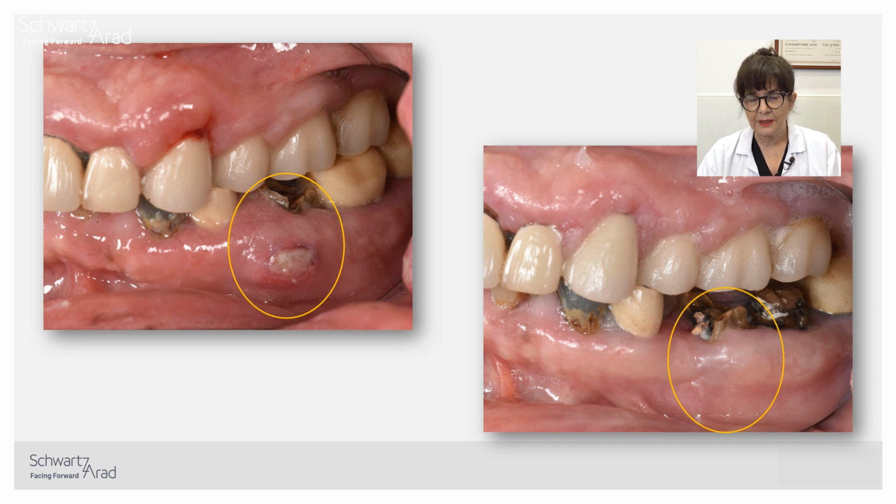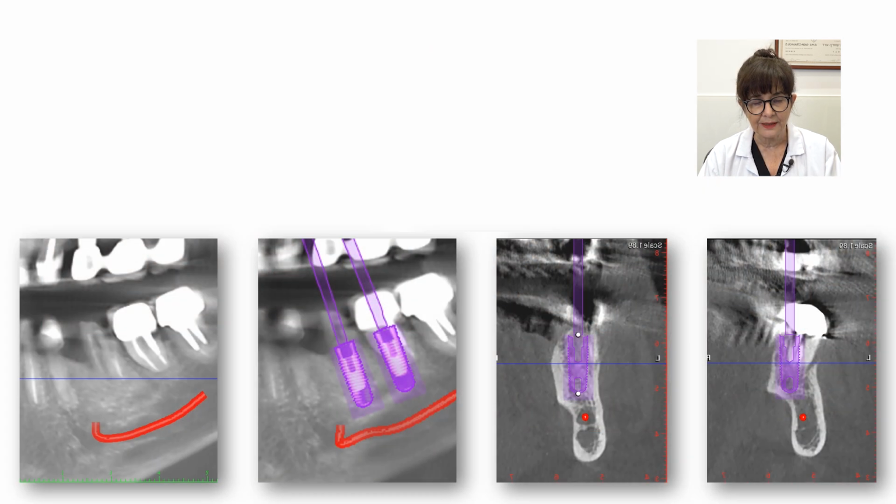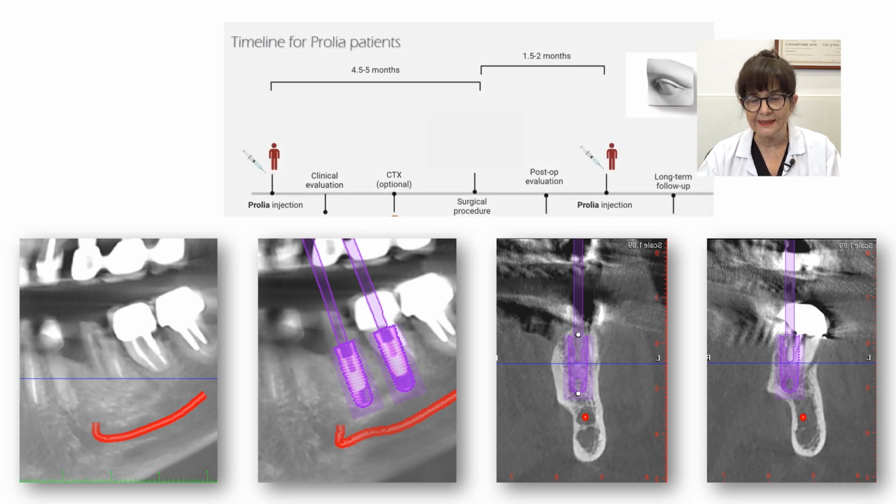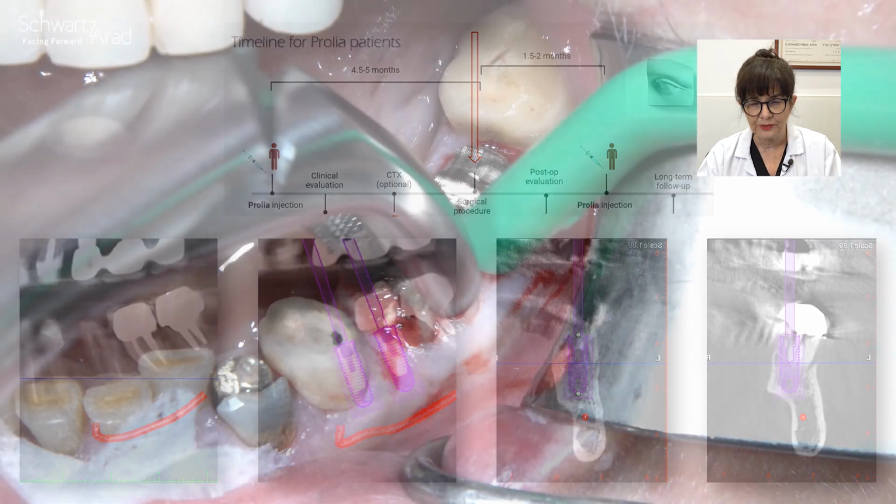I gave her IV antibiotics followed by per-os antibiotics for 3 weeks, and then we waited 5 months, and here you can see it after 5 months. And then, only then, I could extract both the first and second mandibular molar, and you can see here the timeline. Now it's 5 months after the injection, and we can perform regular treatment.